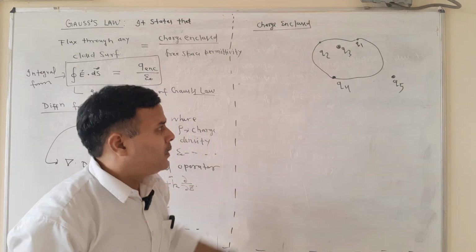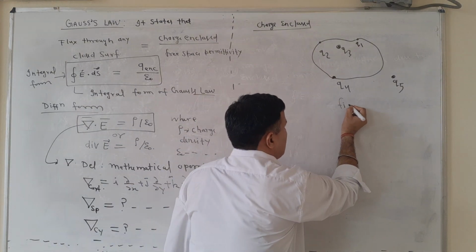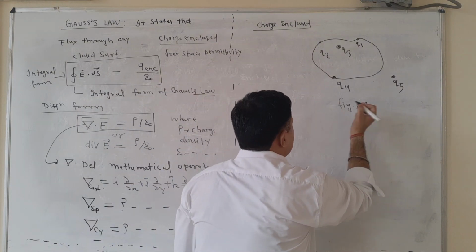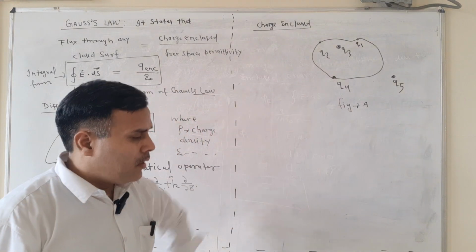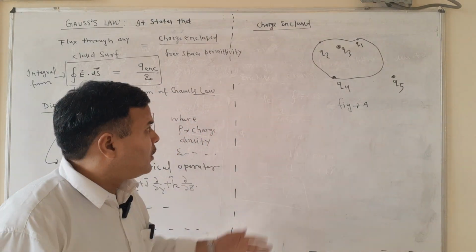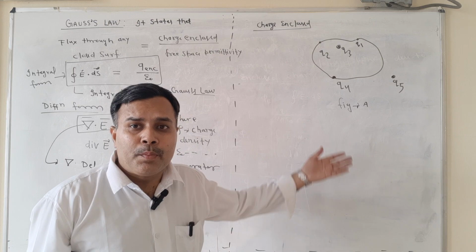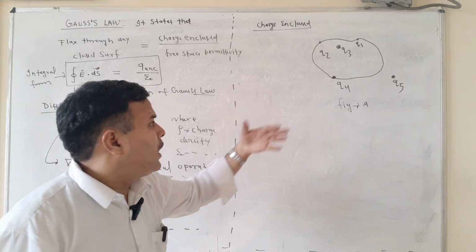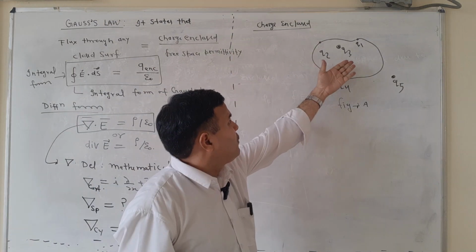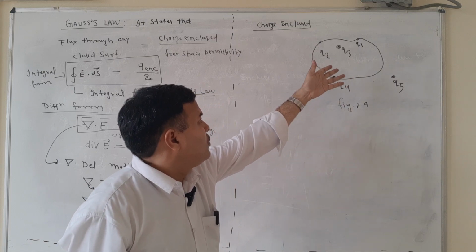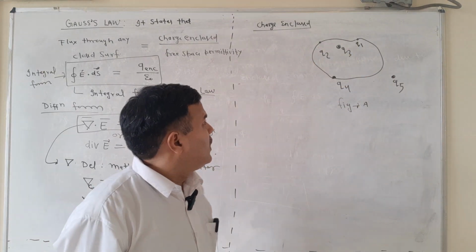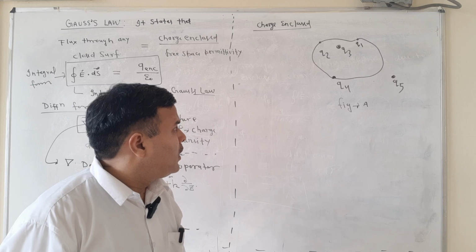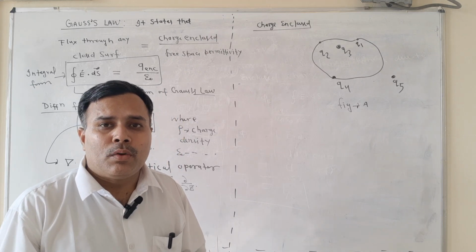What is the expression of charge enclosed? This is figure A. If we have a situation like this, with charges Q1, Q2, Q3 as indicated in this figure, write down the expression of charge enclosed.